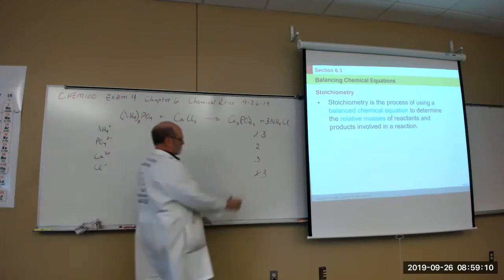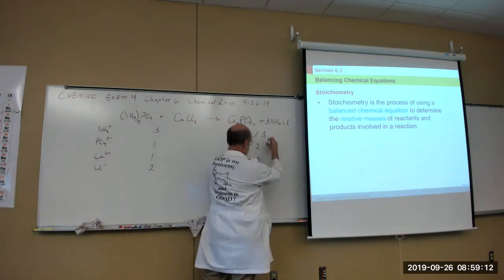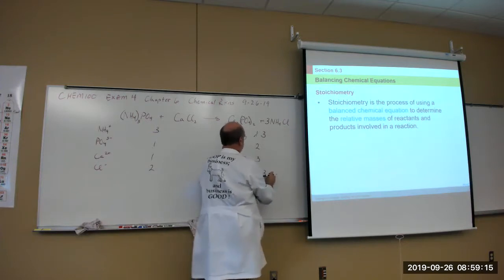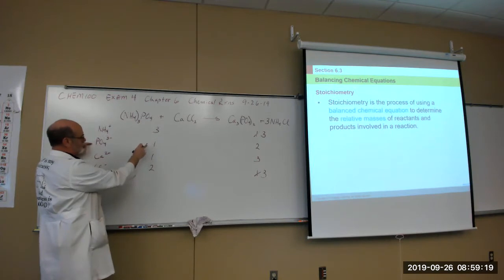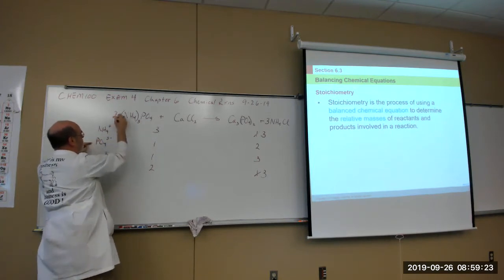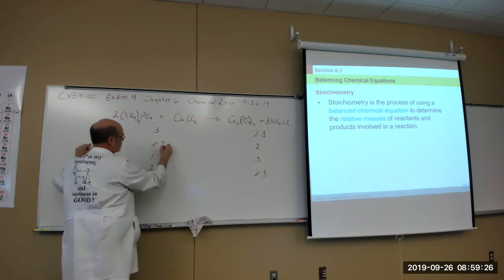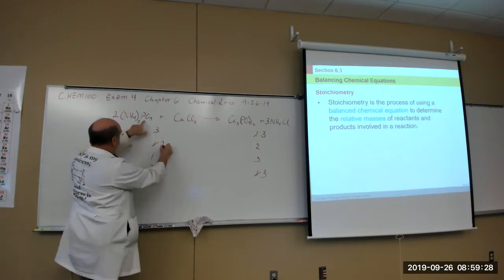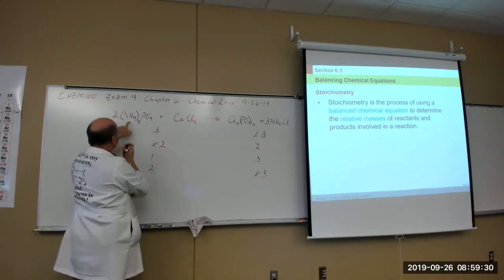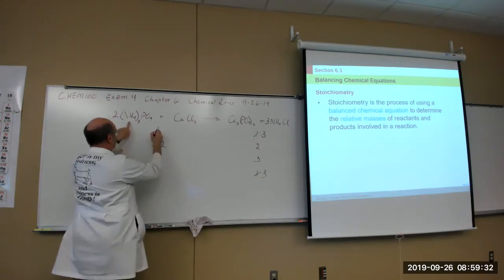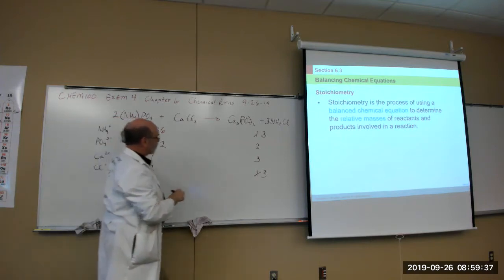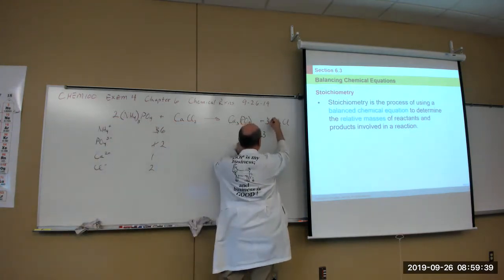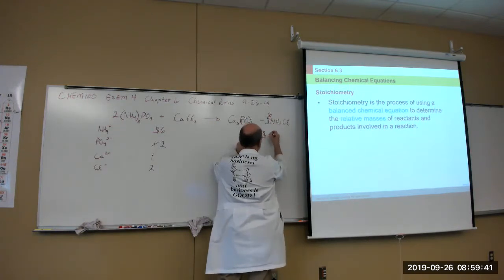We have to be sure that we accounted for the change here, 3 and 3. Now we'll have to go back over here and write with 2 phosphates here. But that gives us 6 ammoniums, doesn't it? So if I go over here, I have to change this to 6. That makes this 6.